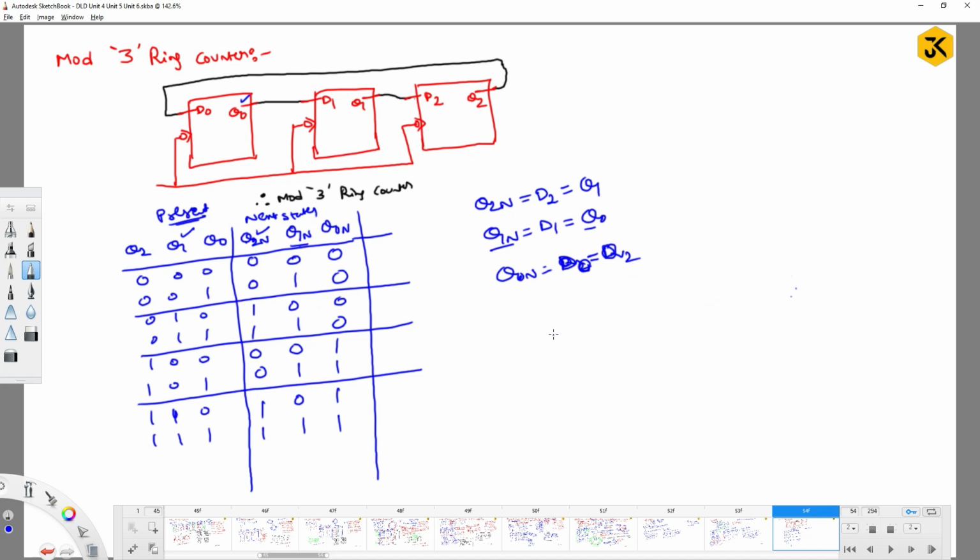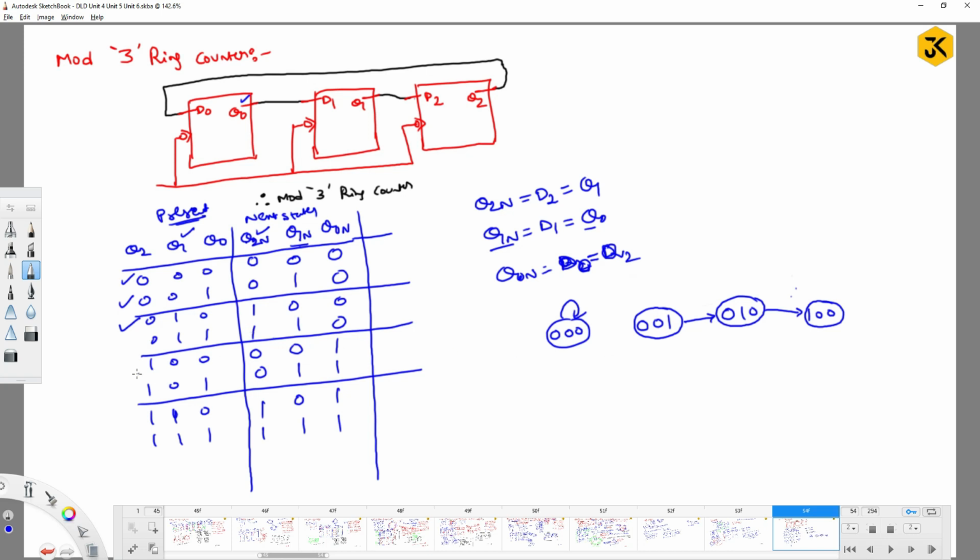State diagram: if I have 000, it will move to 000 only. If I have 001, see guys, that is the difference between the earlier assumption and this one, it will move to 010. If I have 010, it will move to 100. So you should not go with the assumption, you have to go as per the given diagram.